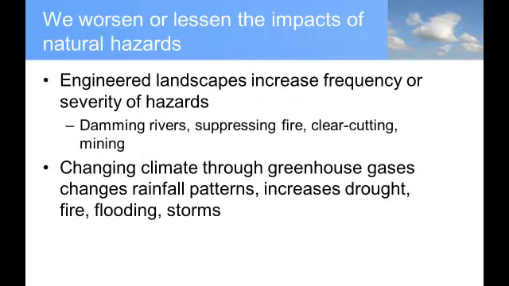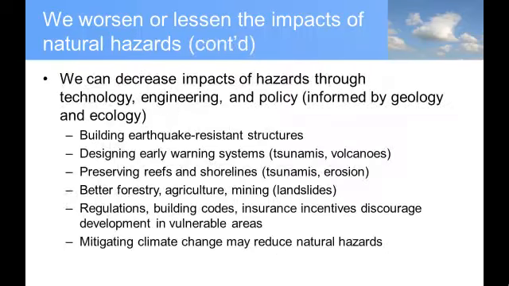We can engineer things to increase or decrease the frequency of these hazards. Suppressing fires, clear cutting, mining, and damming rivers can make these more frequent or more severe. And of course, greenhouse gases may change rainfall patterns, which may have an impact on some of the flooding and storms that occur.